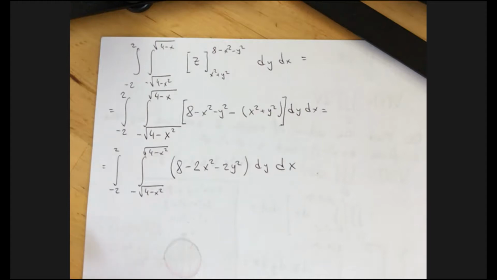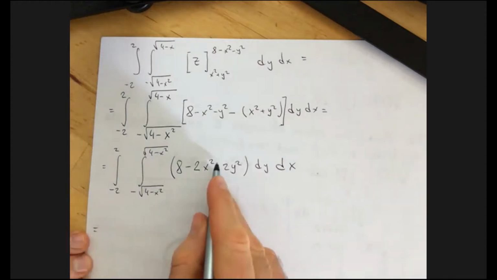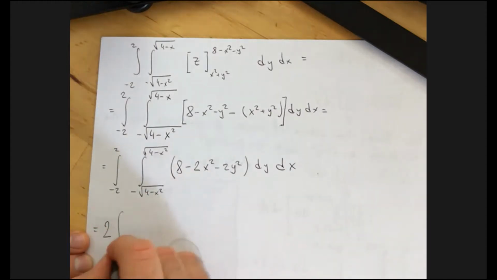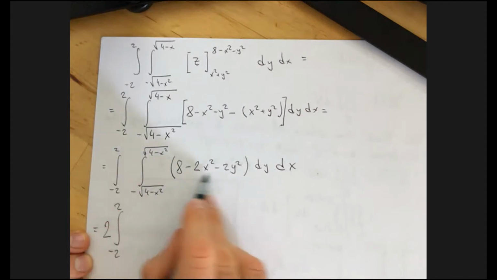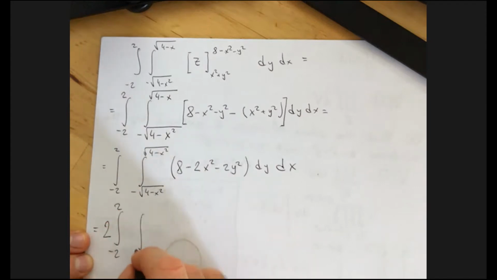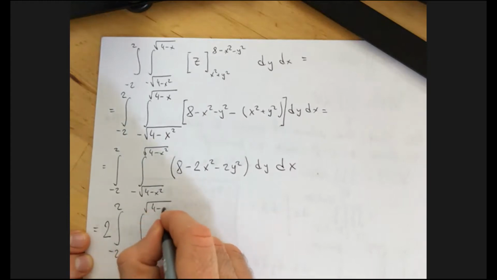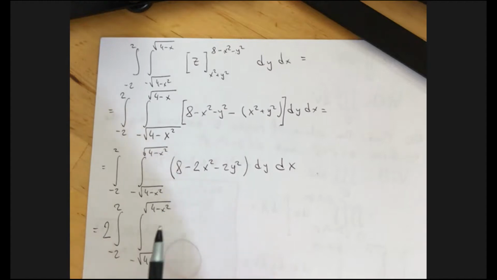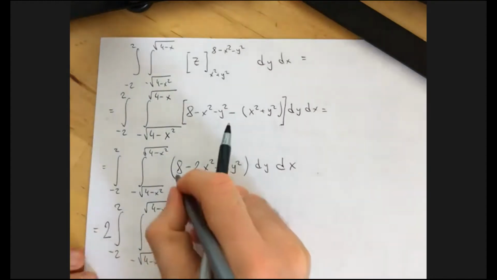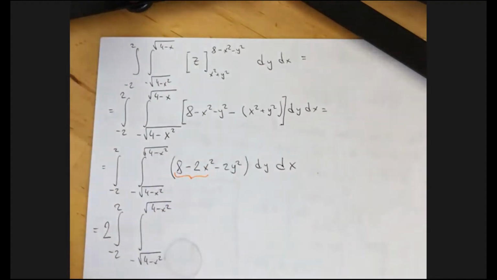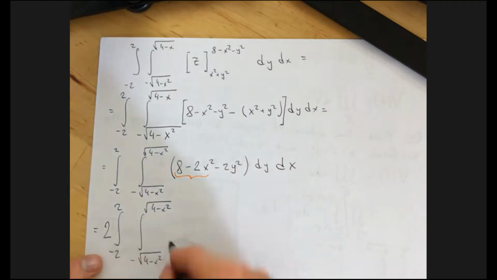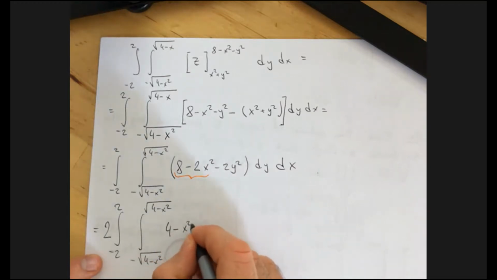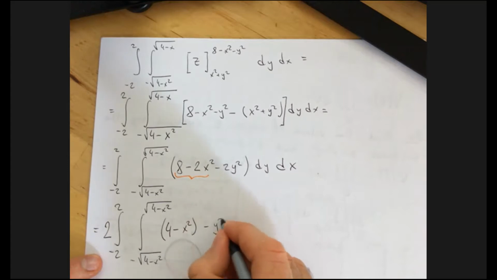Okay, one way we can help ourselves is to factor out constant 2 for each of these terms here. And now this whole expression here doesn't depend on y, so treat the whole thing as a constant, taking into account that I've already factored the 2. So that's 4 minus x squared minus y squared.